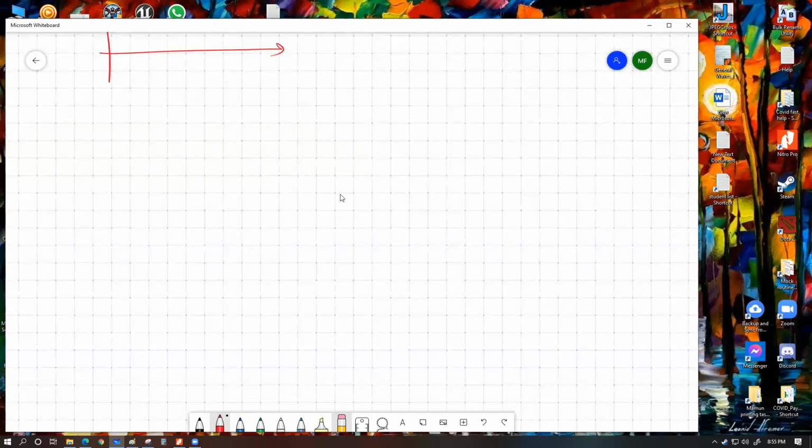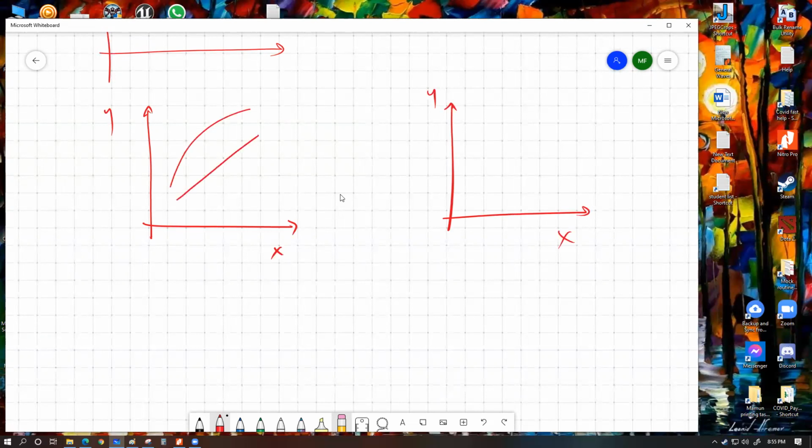I'm going to draw them in 2 different sets of axes over here. Let's say this is our y and x axis. This is our y and x axis. We can have increasing graphs of these shapes. Then we can have decreasing graphs of these shapes.